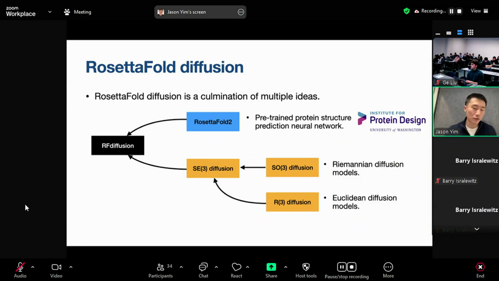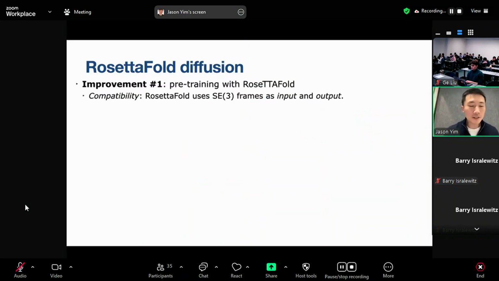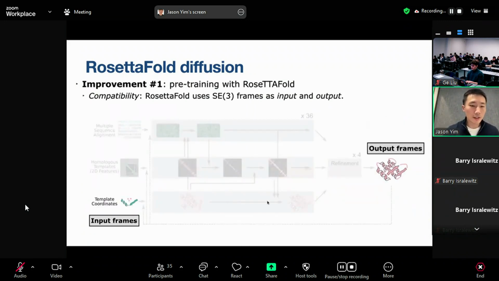So we use the strength of a pre-trained model, but also use the algorithmic advantages of diffusion to do protein design. And there are maybe three main things in RFdiffusion that made it work. If you look at the RoseTTAFold architecture, this is taken from, I think, figure 1.